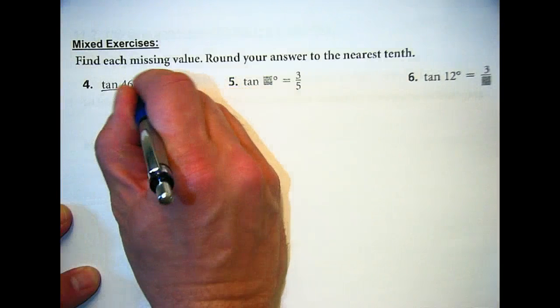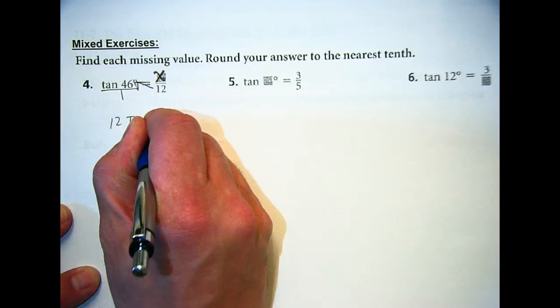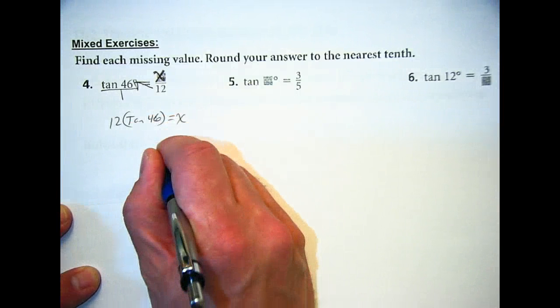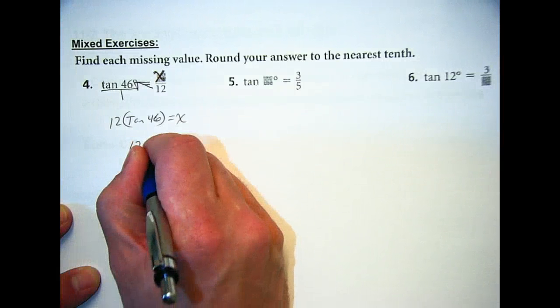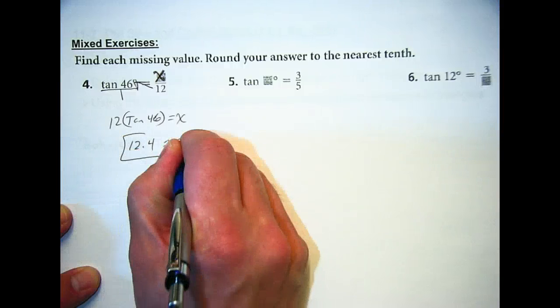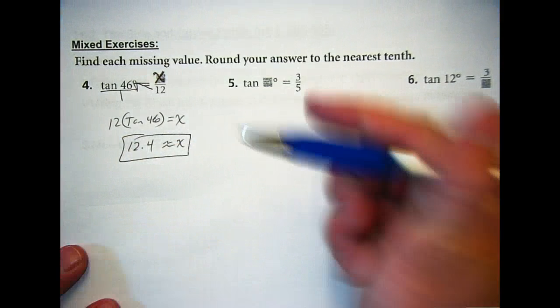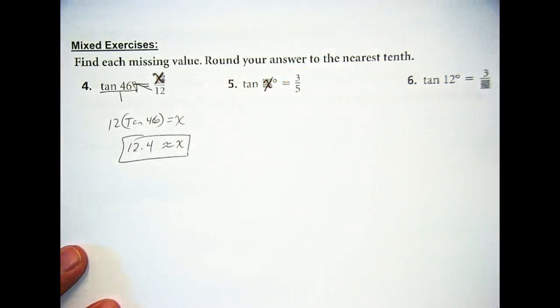Cross multiply, just like you do the other problems. Equals X, and solve for X. 12.4. And then the other one would be tan negative, an inverse tangent one, because X is in your degree now.